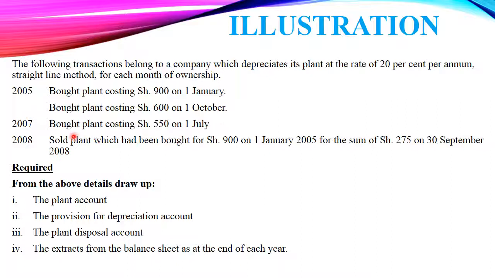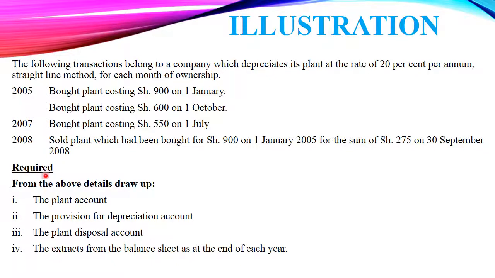In 2008 sold plant which had been bought for shillings 900 on 1st January 2005. So this asset here, which is plant, is the asset that was bought on 1st of January, and the asset was worth shillings 900. So it was sold out on 30th September 2008 and it was sold at a sum of shillings 275.